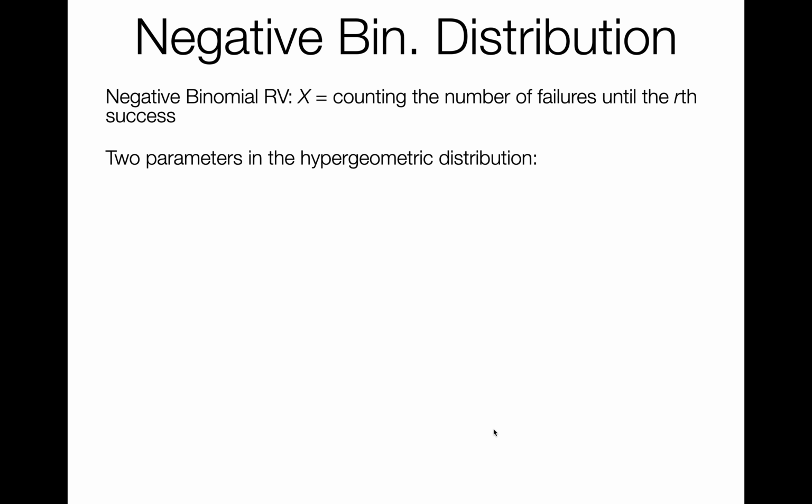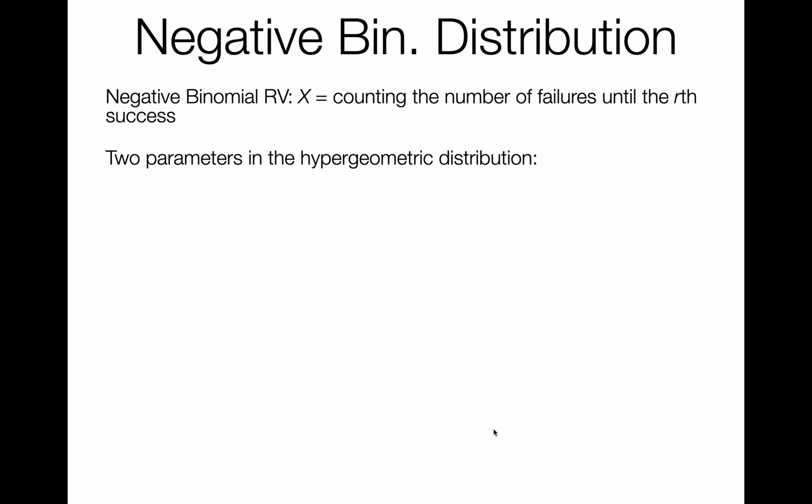So instead of counting the number of failures until the rth success, they may be counting something different, and that's going to lead to a different distribution. So pay attention if you do look stuff up on outside sources, that you are looking at the same negative binomial distribution that I'm talking about here.